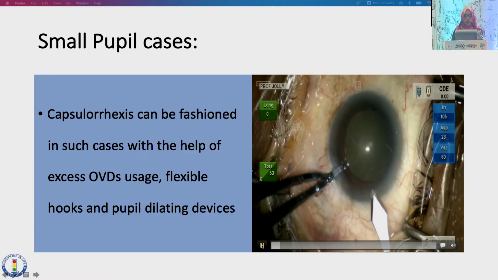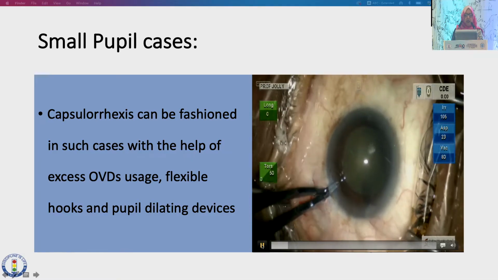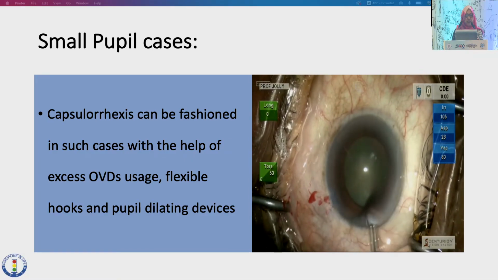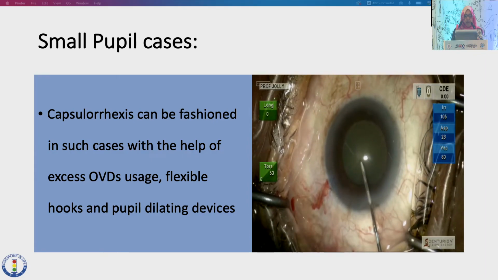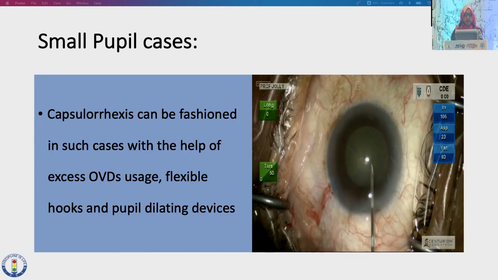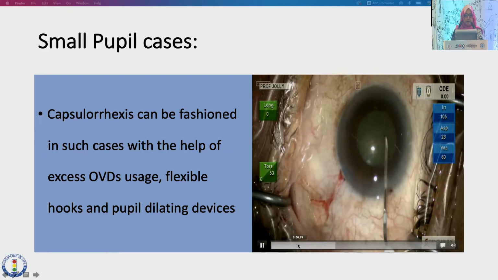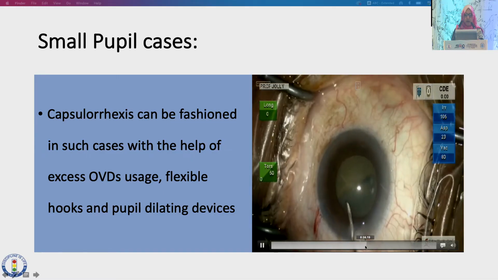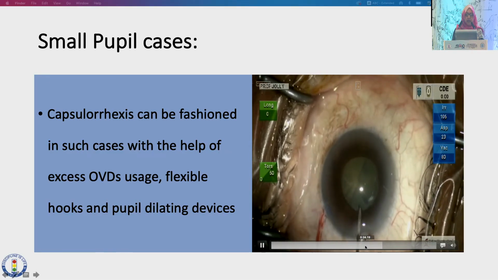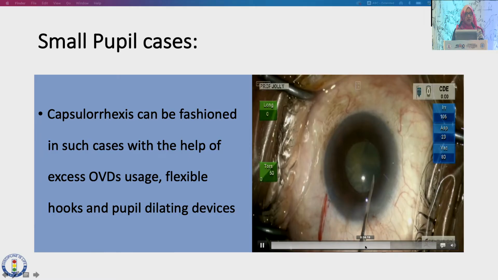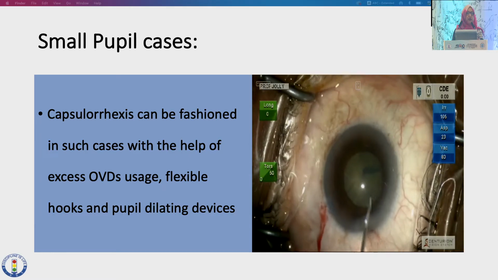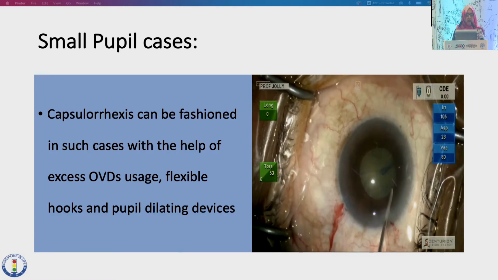So we could do rhexis with excessive use of high molecular weight OVD, where we advance the capsular flap underneath the pupillary border to get the desired size, and several times we have to use OVD here.